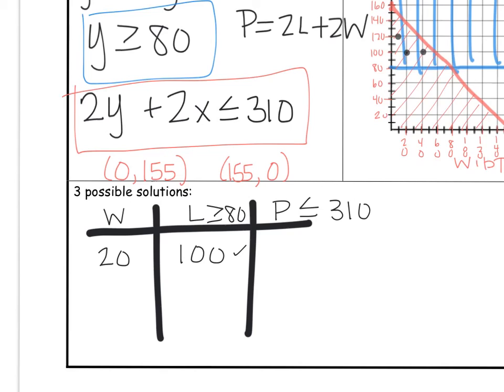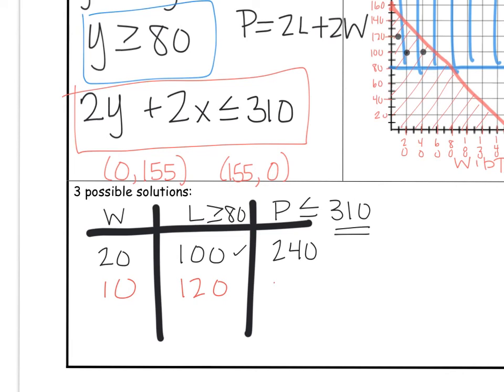And if my width is 20 and my length is 100, my perimeter is going to be 240. And is that less than 310? It is.